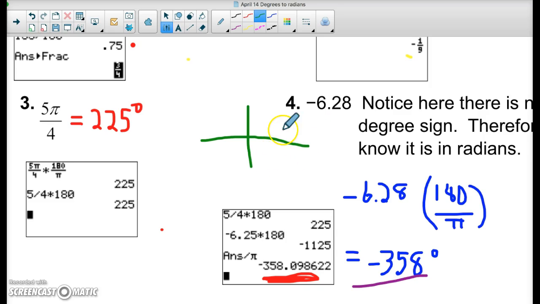So -6.28 is a circle like that, and so is -360. So you can see a full rotation of a circle, in this case going clockwise; -2 pi is really close to -360. Actually, 2 pi is exactly 360. These numbers have been rounded. All right, let's go on.